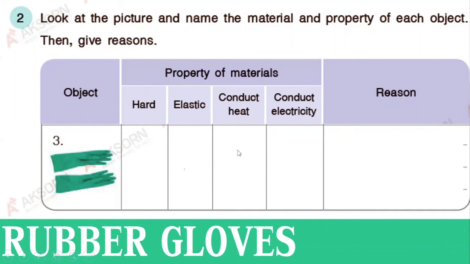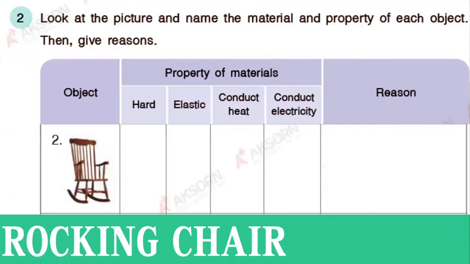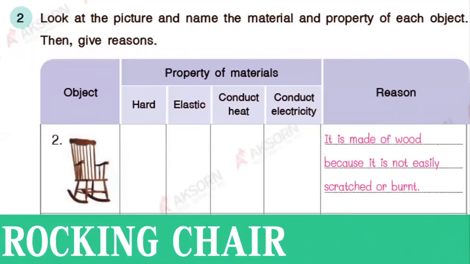If you think it conducts heat, tick it. If you think it does not conduct heat, do not tick. If you think it conducts electricity, tick it. And if you think it does not conduct electricity, don't tick it, okay? And the reason: these gloves are made of rubber because of, and write down the reason, okay? In the same way like we did with the rocking chair: it's made of wood because it's not easily scratched or burned.